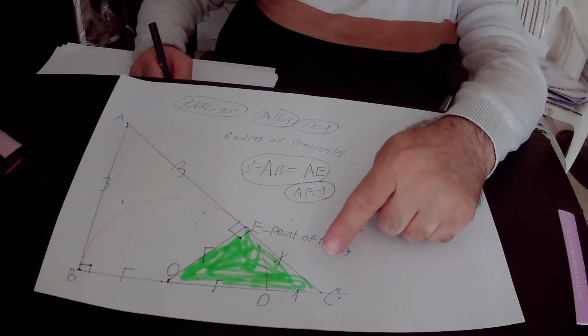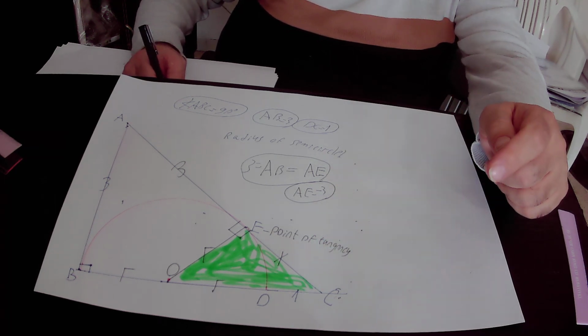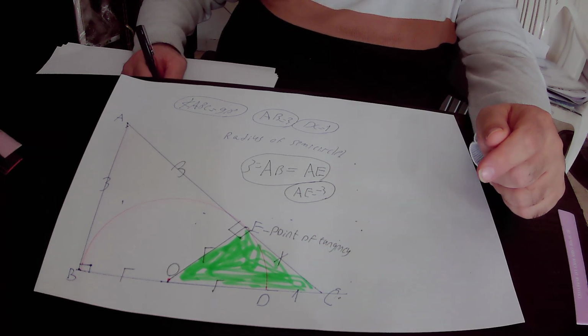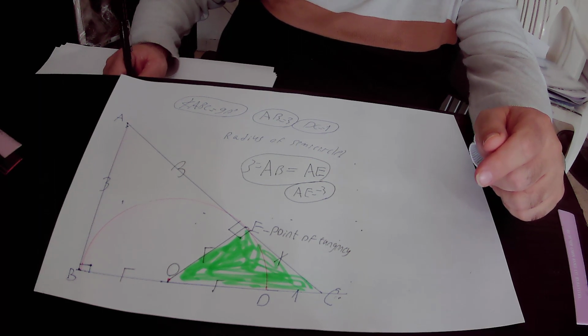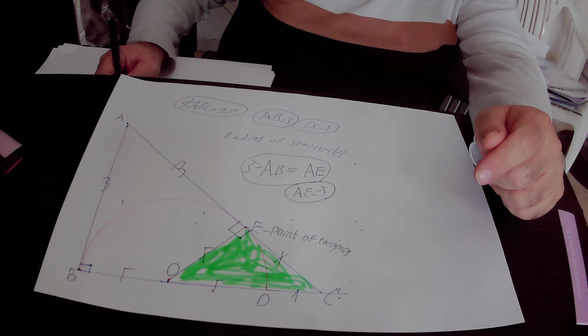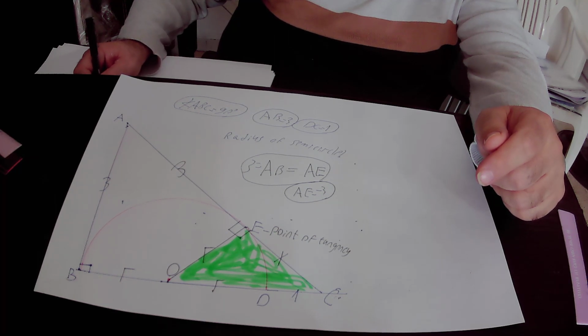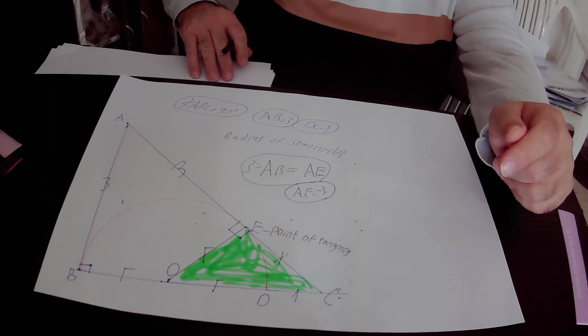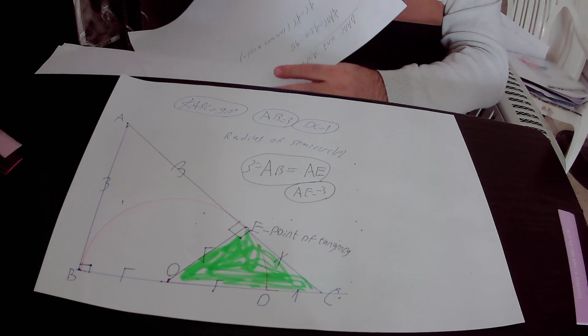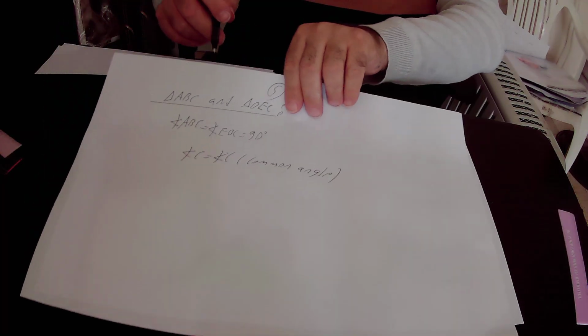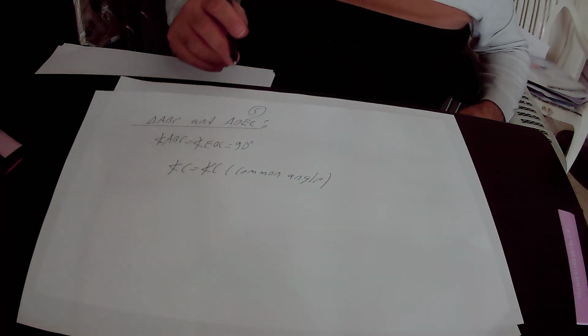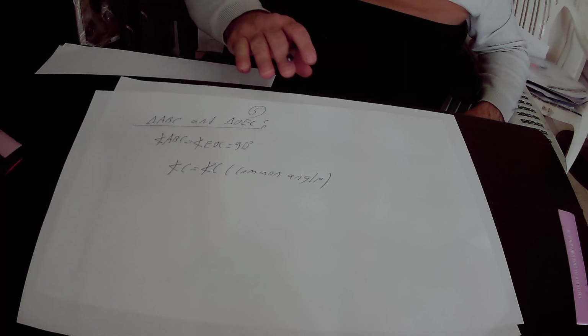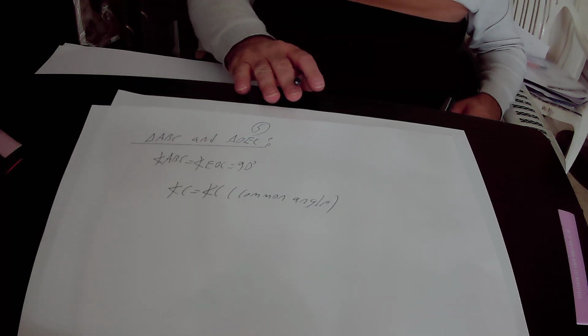So we can write down that angle C equals angle C. It's a common angle that belongs to both triangles.